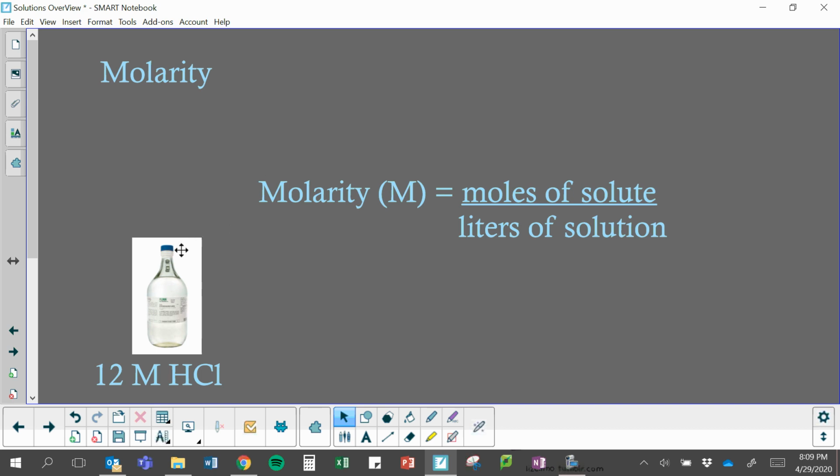So you can then take this 12 molar and make your own solutions and dilute it so that it's a different molarity that is more reasonable to work with, because you don't want to work with too strong of an acid if you don't have to. And so if you're working with like 1 molar hydrochloric acid or even 0.5 molar hydrochloric acid, it's going to be less strong. It's still hydrochloric acid and still working the same way. It's just not the concentrated amount that it would be at 12 molar.